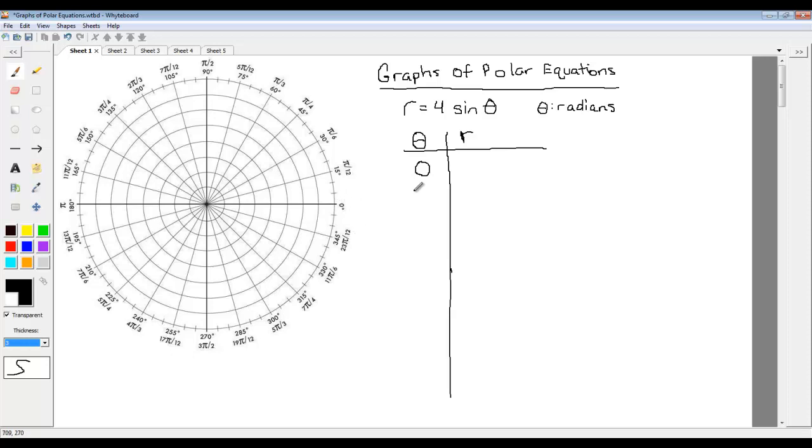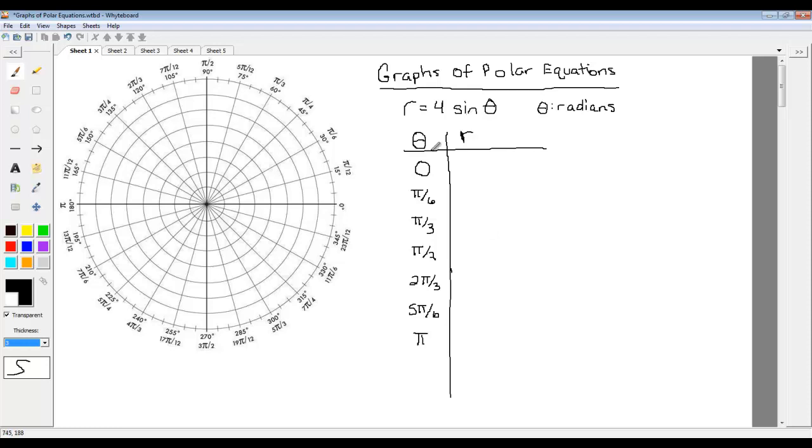So we'll use pi over 6, 2 pi over 6 or pi over 3, 3 pi over 6 or pi over 2, 4 pi over 6 or 2 pi over 3, 5 pi over 6, and pi. Alright, let me do those first, and then we'll do some more after that.